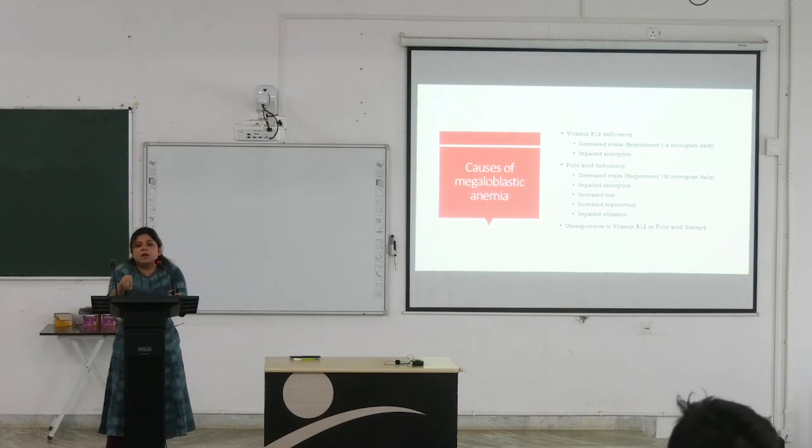Apart from that, there is tropical sprue. Tropheryma whipplei is the bacterium that causes tropical sprue. Apart from that, intestinal infections by some E. coli, enterotoxigenic E. coli, can lead to malabsorption.